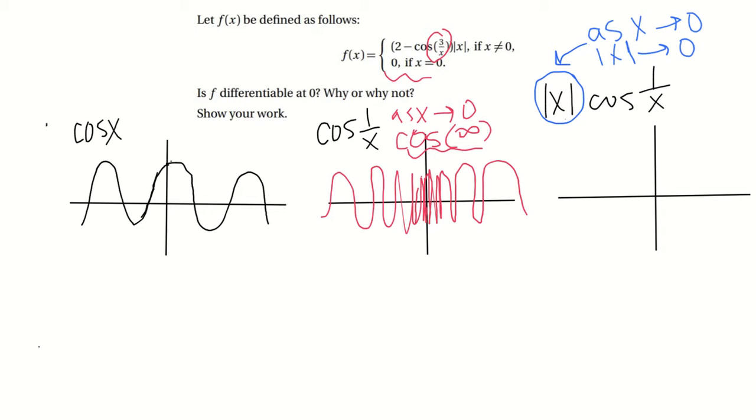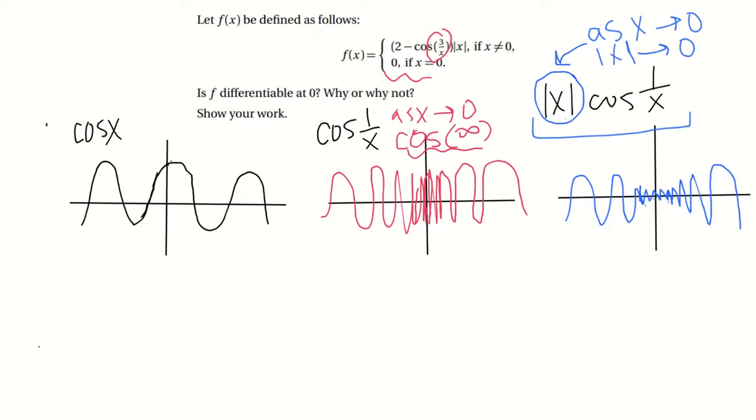So what we end up with is a graph that looks like this. It still has that strange period that shrinks as we get close to 0, but the absolute value of x pulls the graph down, like this. So the limit of this function by the sandwich theorem ends up being 0, so that's why it's continuous, but the derivative is not continuous.